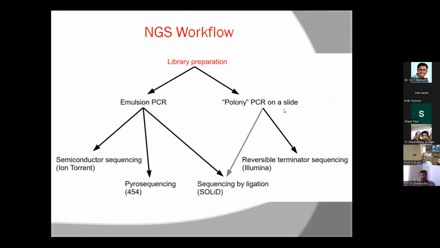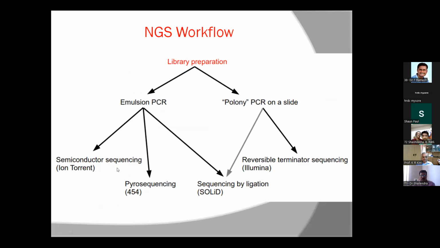So we look at the second generation workflow first, called NGS, then go to TGS. Basically, you have to prepare a library, that is, you have to amplify your DNA sample. The library preparation involves either emulsion PCR or what is called Polony PCR on a glass slide.